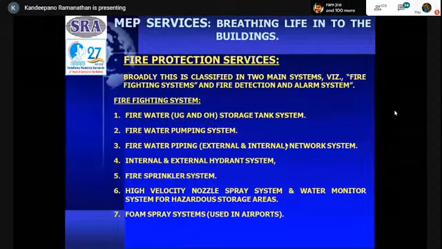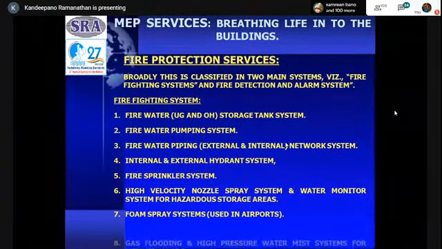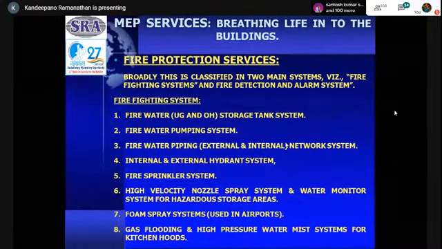So you have to have a foam spray covering these 200, 300 feet distances. They come in huge tankers and lorries and are sprayed out there. Foam spray systems are usually used in airports, and a small foam spray system is your extinguisher, which also sprays foam for flammable liquid fires.